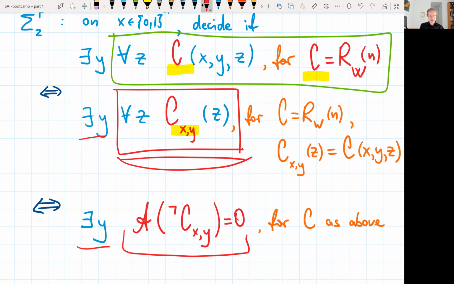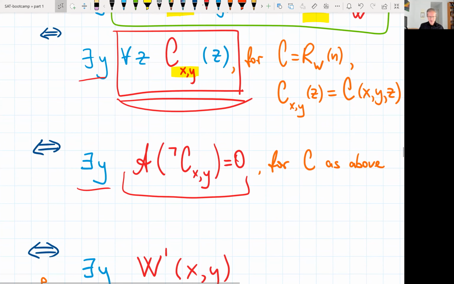C is a tautology if its negation is not satisfiable, as we mentioned earlier. So what happened? I had quantification over z, for all z something, and now it's gone. I've completely eliminated this quantifier over z.